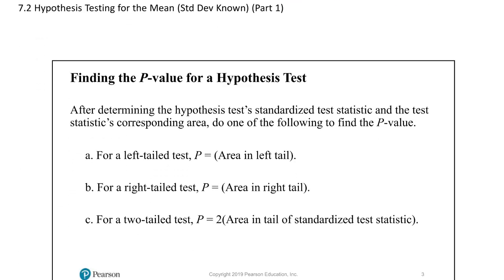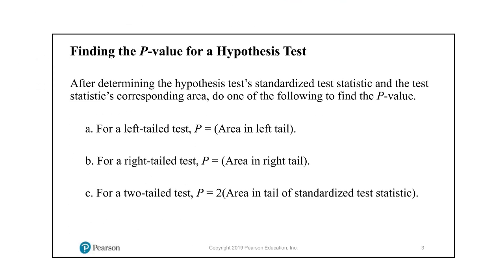So now let's back up. Now we're going to find the p-value. How do we find the p-value given a certain situation? Well, again, these are probabilities, and it's all about areas under the normal curve. So once we have the standard test statistic, which in this case will be Z because we know the population standard deviation, we're going to find the area that we're going to use.